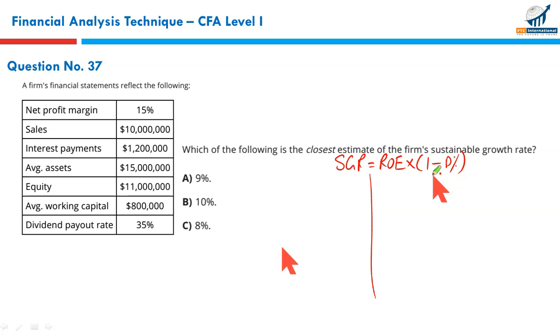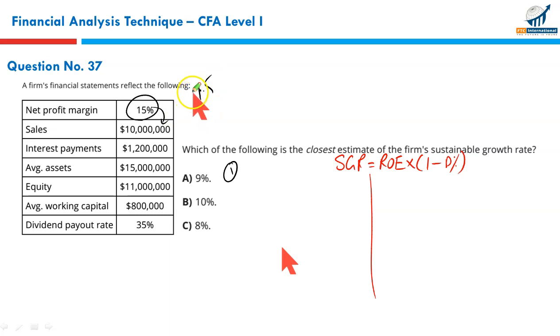So in the first way, we can directly calculate return on equity and multiply it with the retention rate. Net profit margin is 15%. 15% of what? 15% of sales. 15% of sales means 10 million times 15%. That gives you 1.5 million.